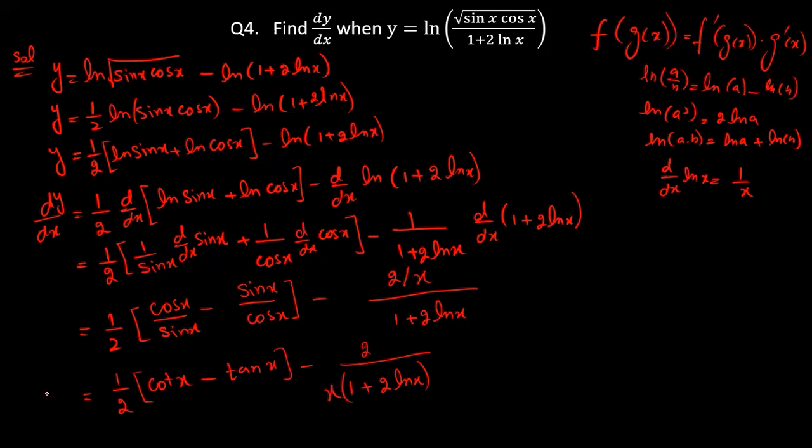Okay, so this is our dy by dx. Maybe if we use another method, your answer looks different, but the final thing is that we have differentiated the function, and that's it.